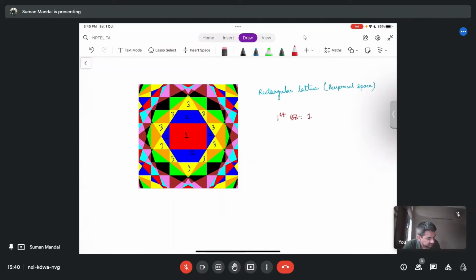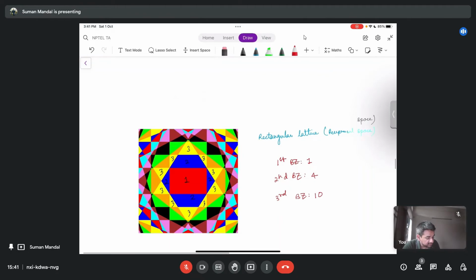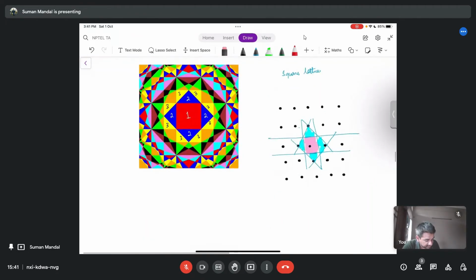So we'll write it down here. The first has 1. The second Brillouin zone has 4. The third Brillouin zone has 1, 2, 3, 4, 5, 6, 7, 8, 9, 10.